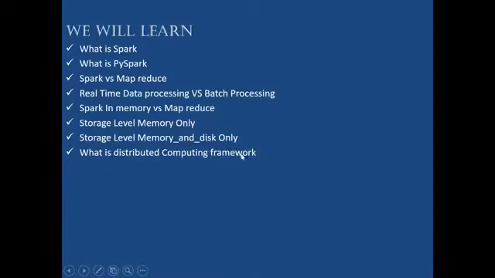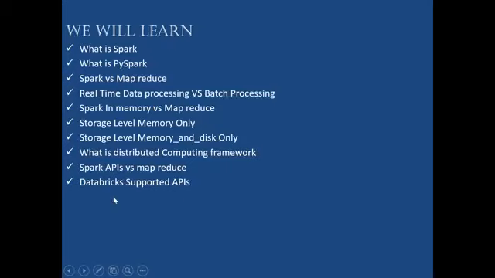Next, what is a distributed computing framework? Distributed means you are going to distribute the data and you are going to compute it. Next, Spark APIs versus MapReduce: different ways to write the code in Spark versus MapReduce.